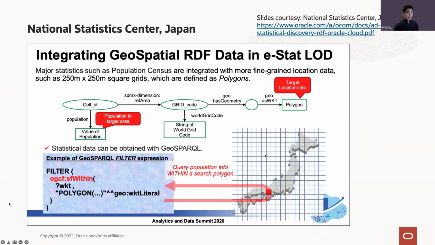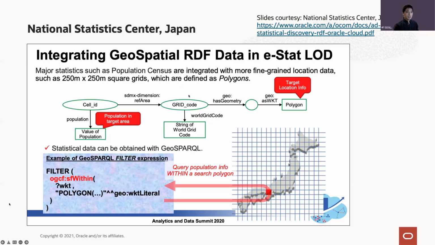So after publishing the data in RDF format using a SPARQL endpoint, users can write SPARQL queries and execute them using REST API to get the result. In the previous application, the queries are getting the populations of each prefecture or city, but at the same time they are using geospatial and geo-RDF.